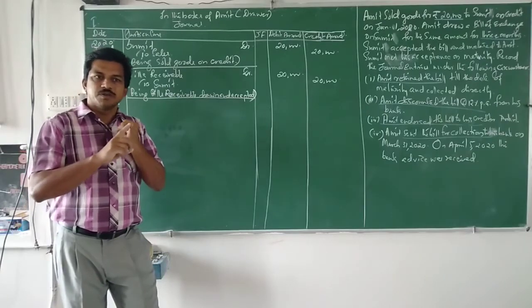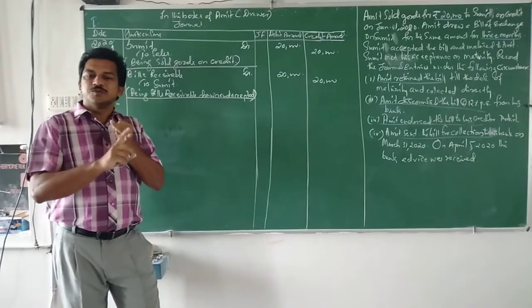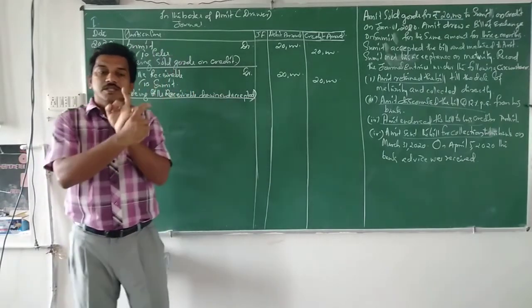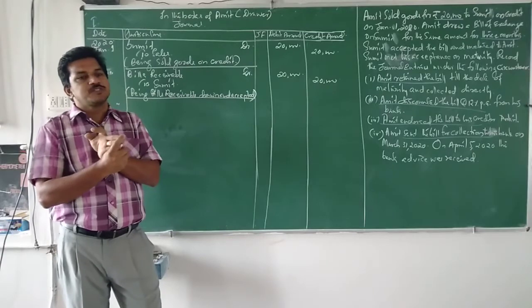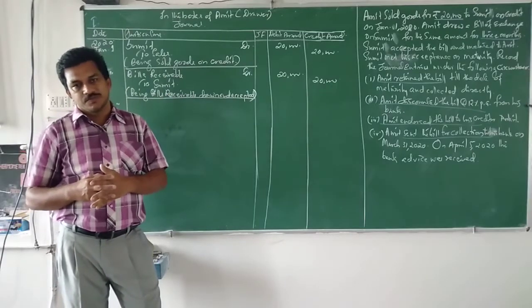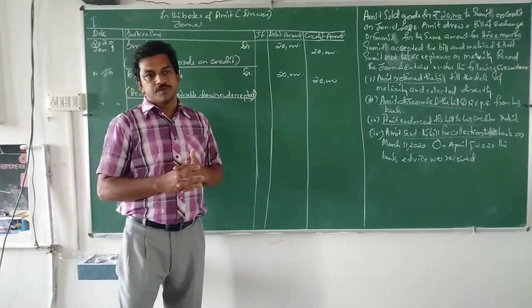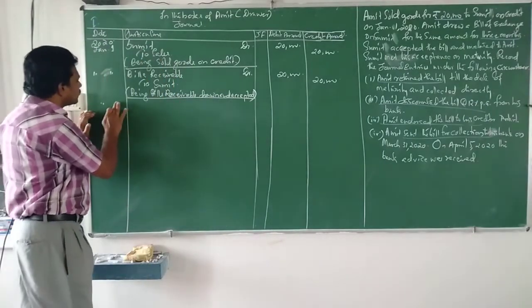January 1, February 1, March 1, April 1, plus 3 days. So April 4 it can be.